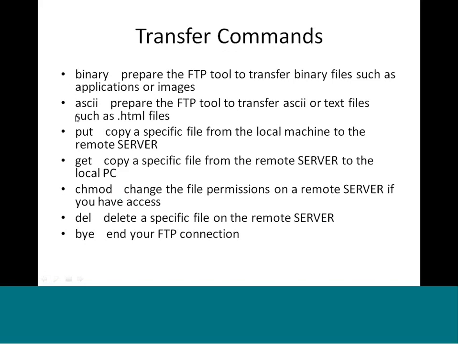These typically start with specifying either one of these two options, either binary or ASCII. This tells the FTP tool to assume that the file we are going to transfer is in binary format. If you type in ASCII, then it knows that it needs to transmit as ASCII format.